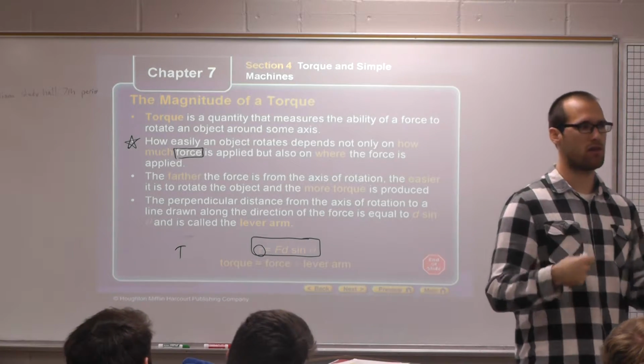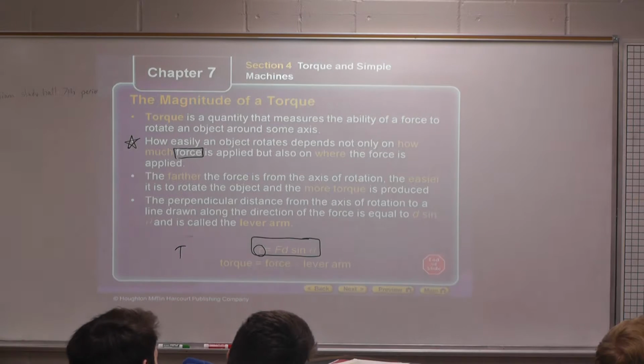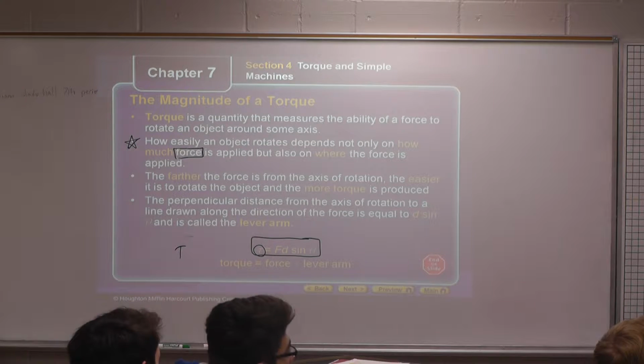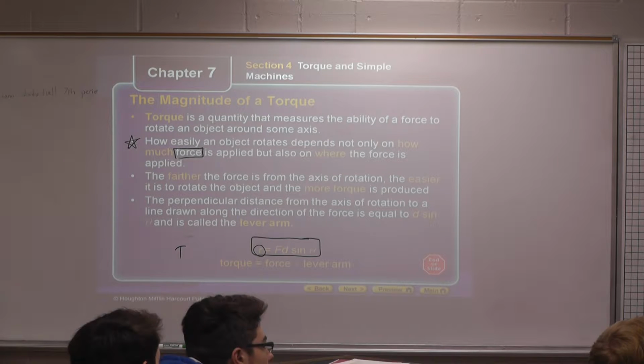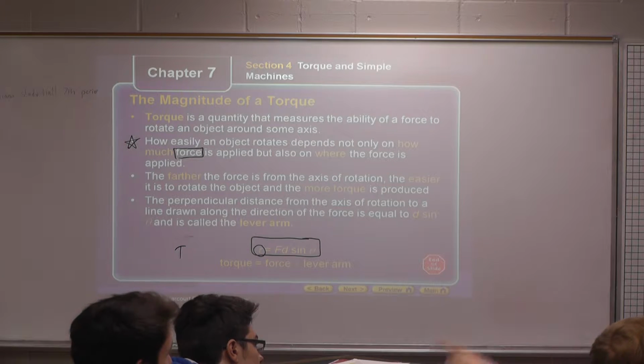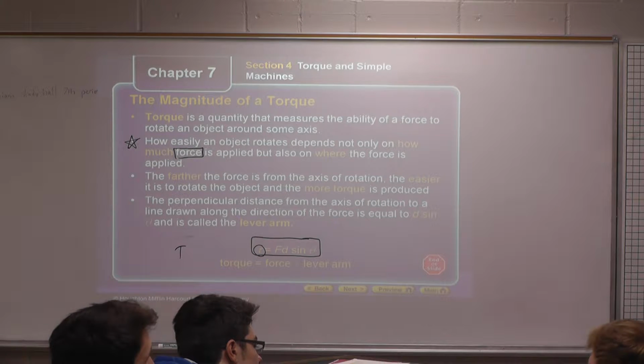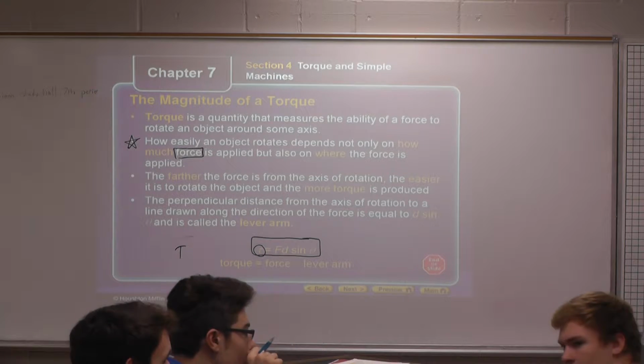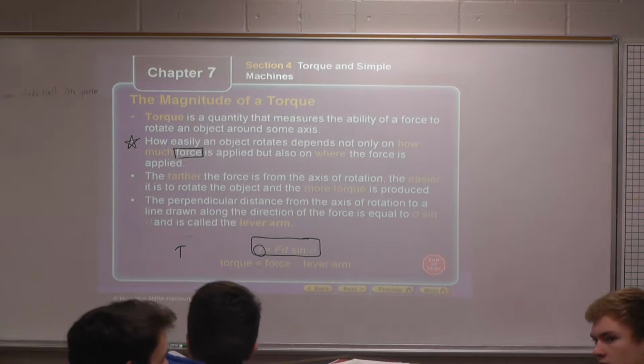Now, if you think about real life situations, you might be able to make sense of this. Any real life situation that you can think of where where you push greatly affects its ability to rotate? The door. The door! How many of you go out that front door and push in the wrong spot? Yes. I do it all the time.